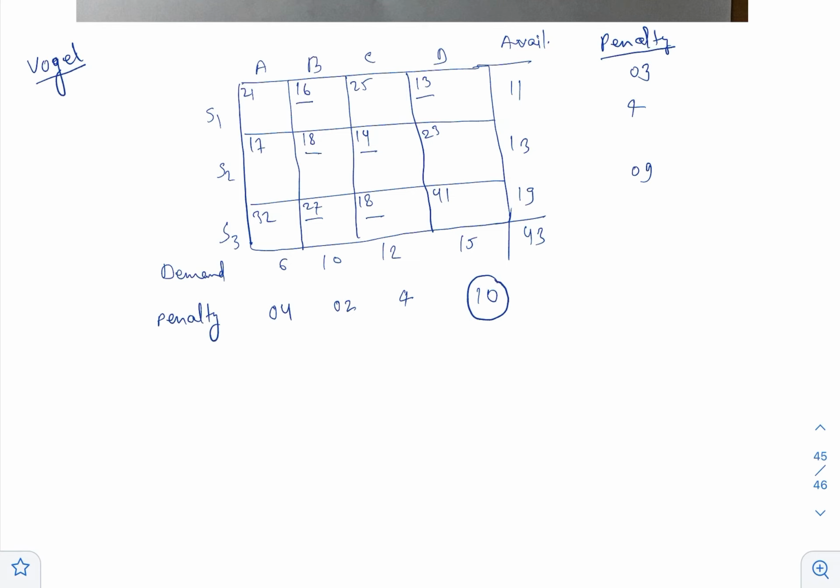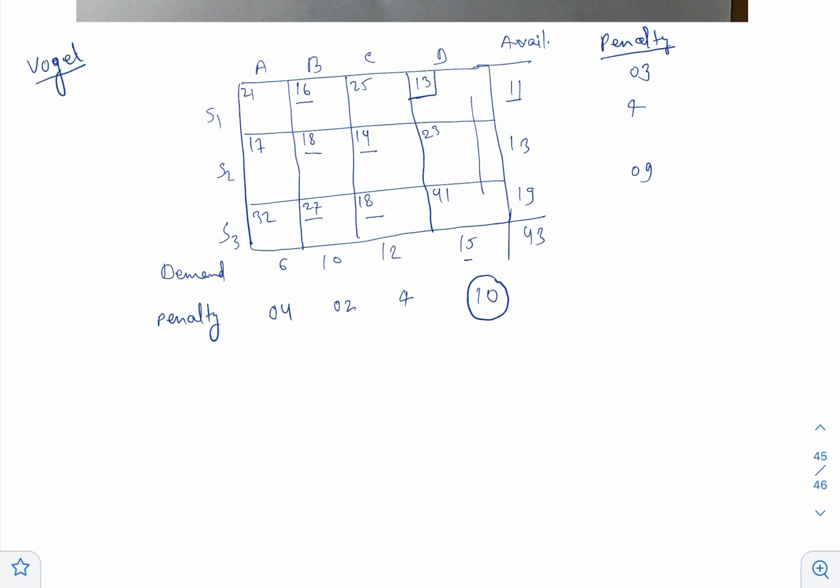For example, 10 is the maximum penalty, so we choose this fourth column and we allocate to the cell of minimum cost per unit. So 13 is the cell which has minimum cost per unit, so we allocate the maximum possible units to this cell.